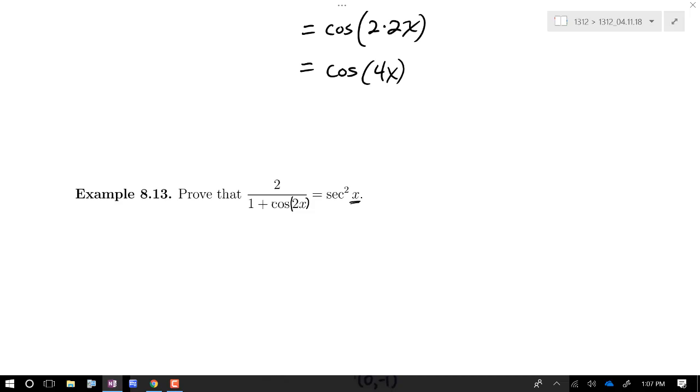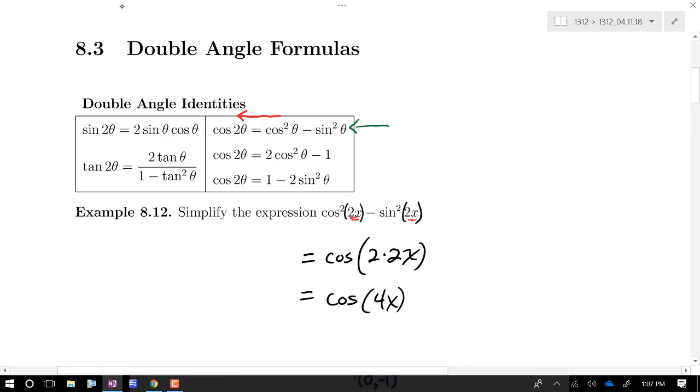So I want to show that it's 1 over cosine squared. So when I go up to pick an identity to use, I think it makes the most sense to use this one, the version of the double angle for cosine that only allows us to write it in terms of the cosine function, not the sine function or both of them.